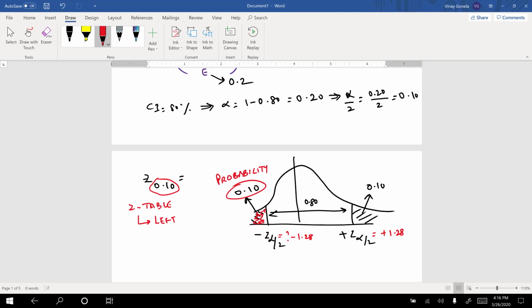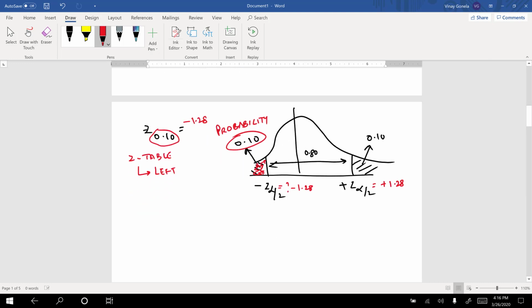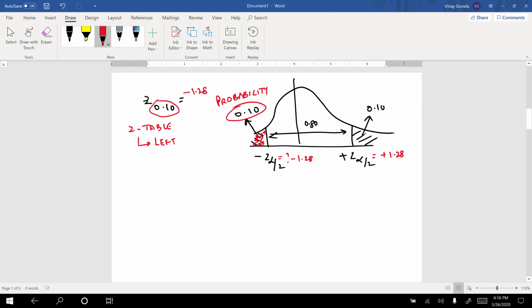Now I got z, this value negative 1.28, so I will just go and substitute that into our formula. So again, our formula for sample size is n, z alpha over 2 multiplied by sigma divided by the margin of error, whole square.